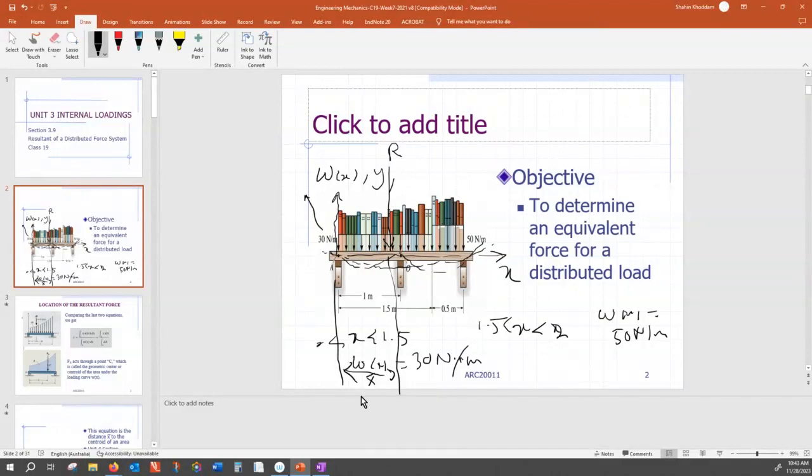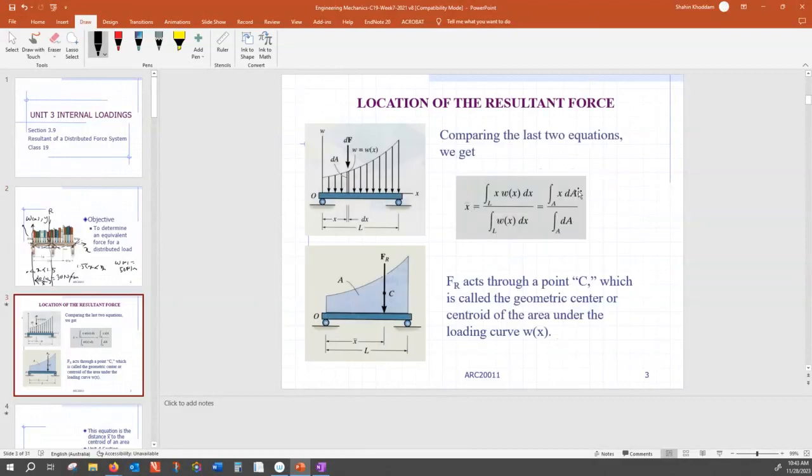Mathematically we can show this, but X bar can be found either from that formula or from the concept behind it. The concept behind it is this is one element here, the unit is force, because if you take dw multiplied by dx, the unit is Newton.